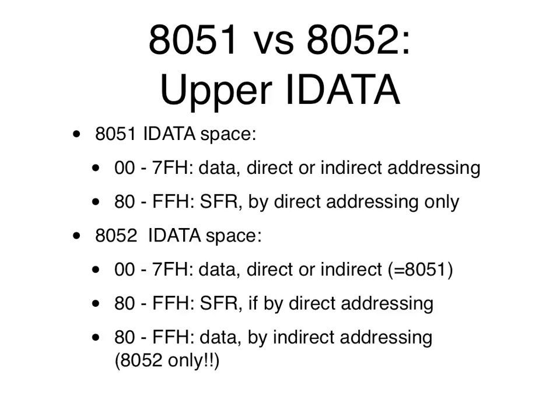In 8052, the space from 0 to 7F can be direct addressing or indirect addressing, just like the original 8051. But in the 80 to FF space, if it's direct addressing, then that's SFR. If it's indirect addressing, then that's data. Okay, so that part I think you should know about.